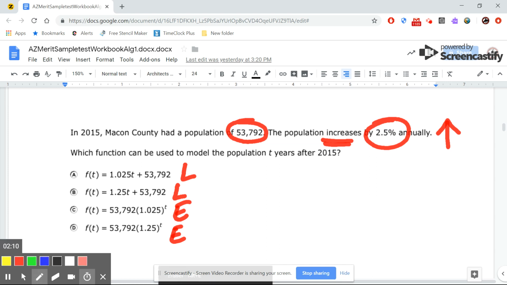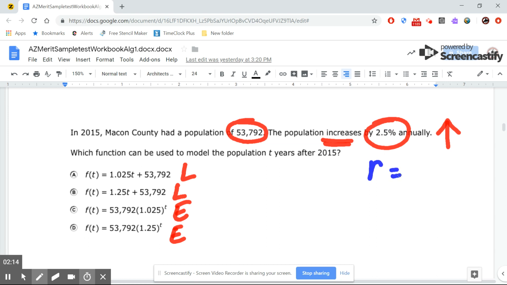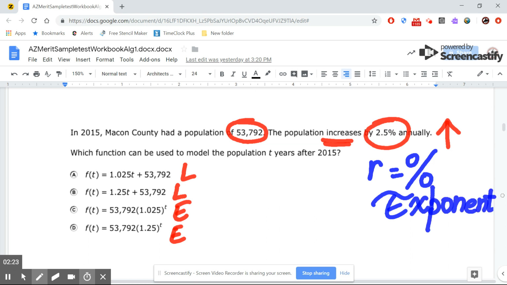A very important thing to remember here is that anytime your rate is given as a percentage, it is always going to be an exponential function. This is very important and very useful. So we can be clear that for sure our answer is not going to be a linear function, so at least we can get rid of those two.